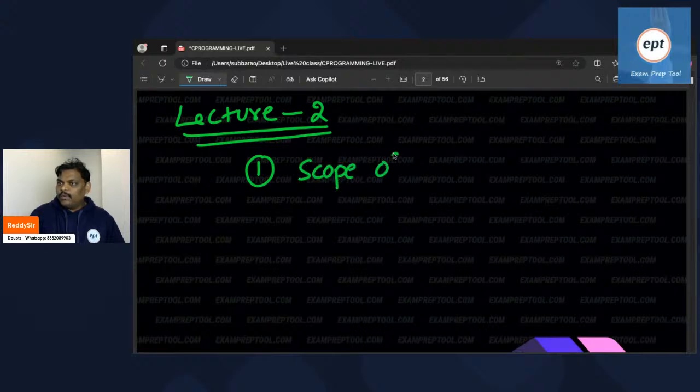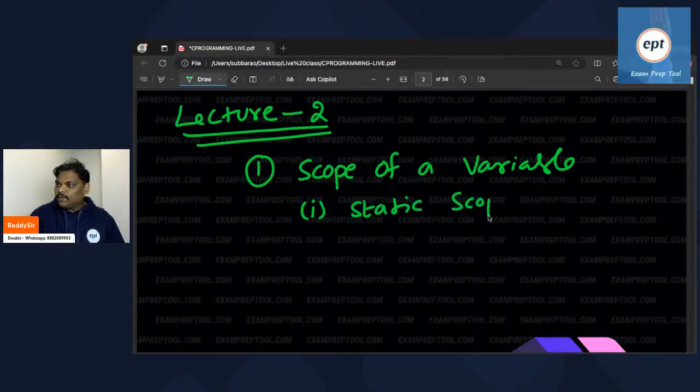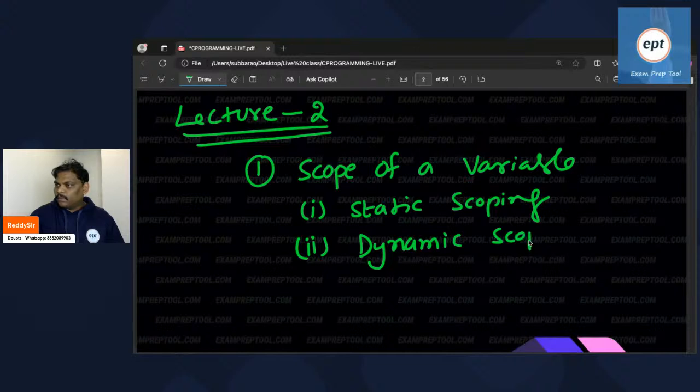Scope of a variable is the first topic, which internally contains static scoping and dynamic scoping. These are the two things which we are going to discuss now.